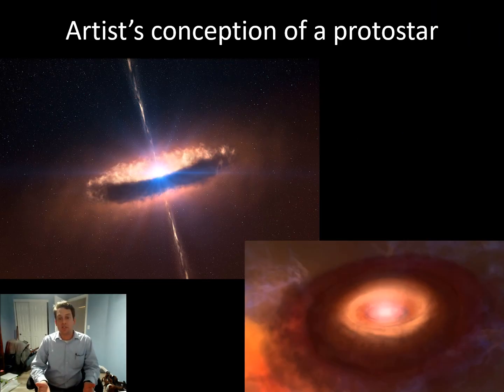Now, it's hard to see a protostar in real life. Not that it's impossible. We have seen stars form, but it's rare. On the time scales of our lives, it's rare to look out in the universe and actually see a star forming. But that doesn't prevent artists from rendering their concepts, and it would be pretty cool to actually watch this happen, I think.